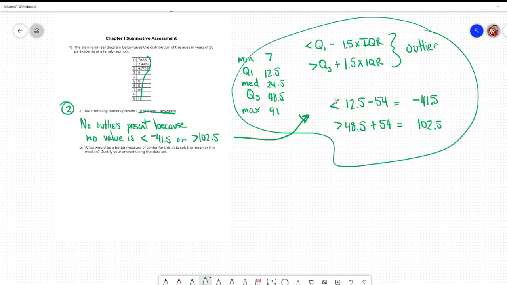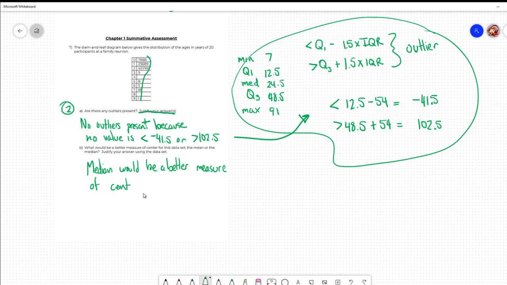Okay. Part B. Now, what would be a better measure of center for this data, the mean or the median? So I just stated here earlier, there is a right skew to this data. So the median, because there's a presence of skew, would be a better measure of center.